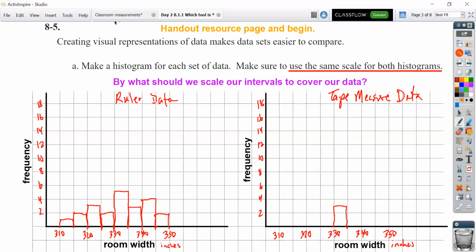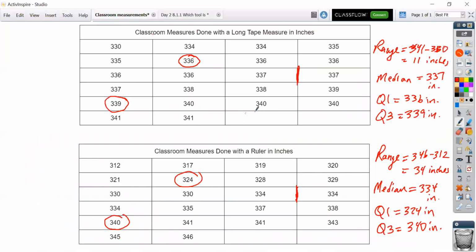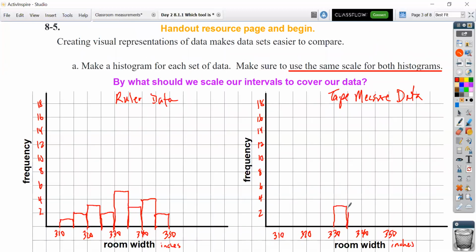And from 335 to 340, I have 1, 2, 3, 4, 5, 6, 7, 8, 9, 10, 11, 12, 13, 14. That's the next bin, 14. So I got to go 2, 4, 6, 8, 10, 12, 14 high.